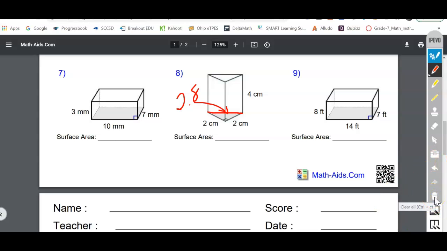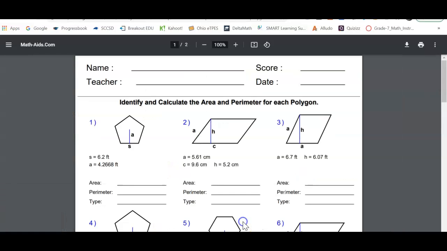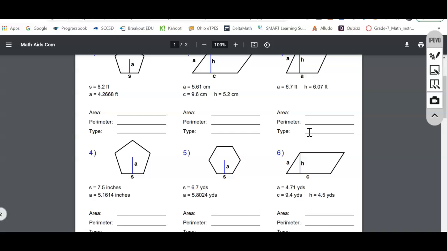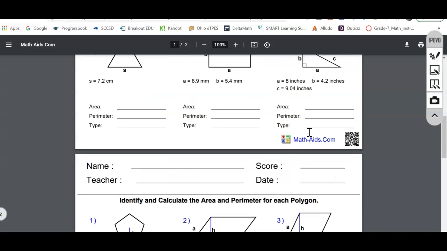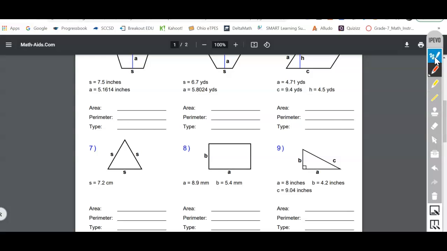And then on the other paper, I had to write in number 7, didn't I? So for the people at home, number 7, I had to write in the height, which is 9.